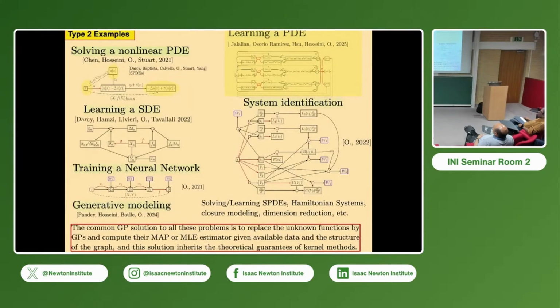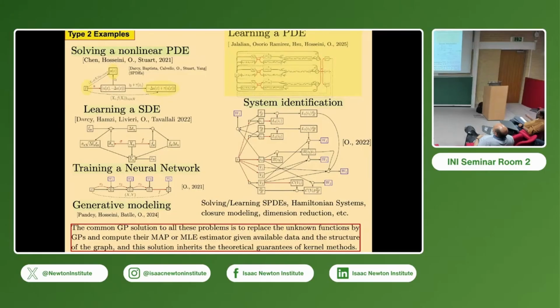Okay, so examples of type 2 problems include solving a nonlinear PDE, learning an SDE, training a neural network, generative modeling, system identification, learning a PDE, and I'm going to unpack this one here.